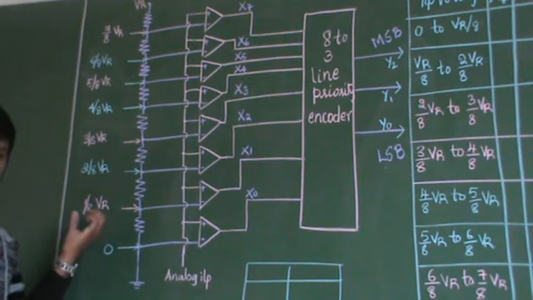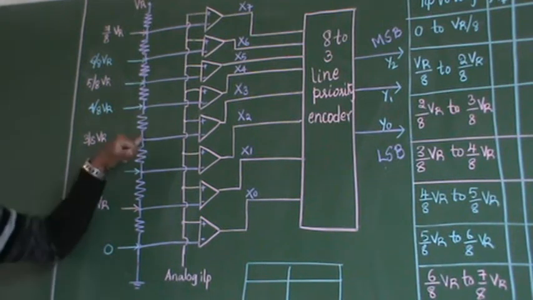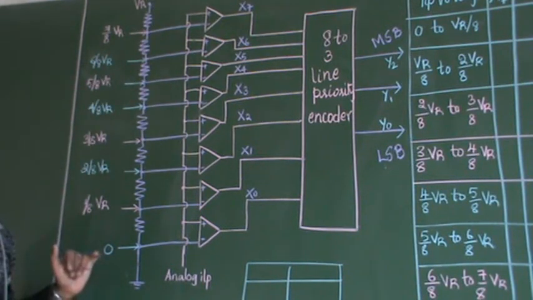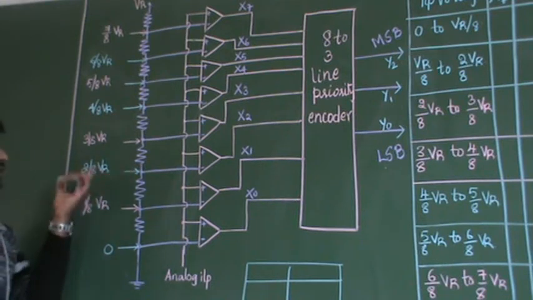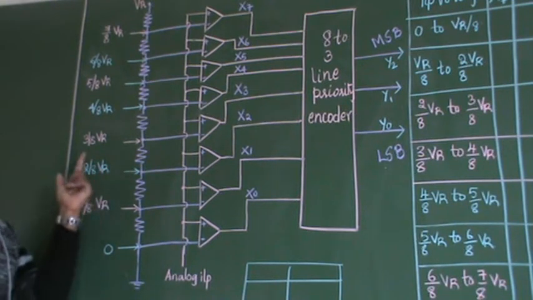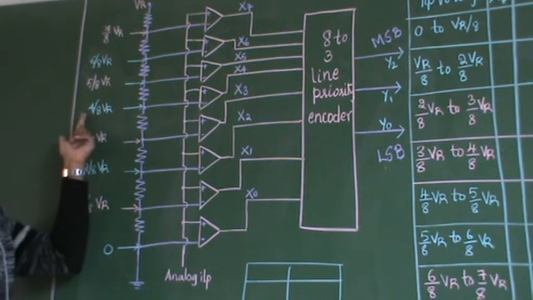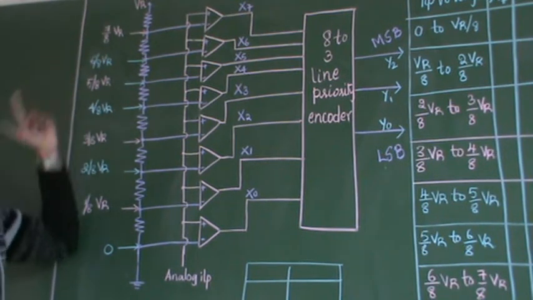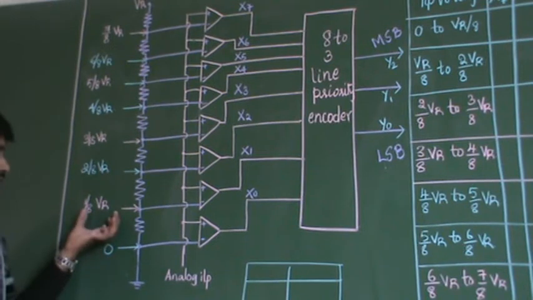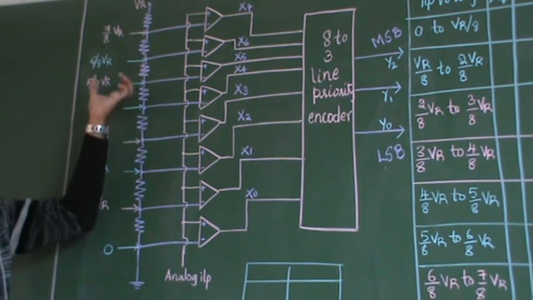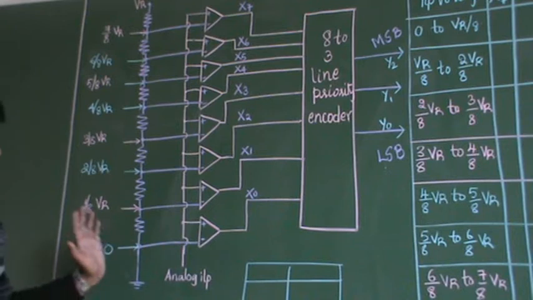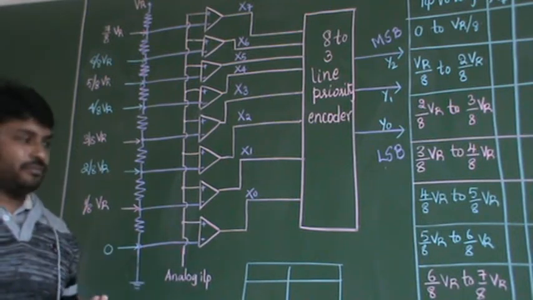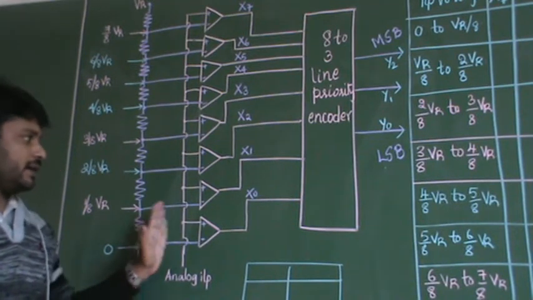The denominator remains the same for all the potentials. The next point is 2 VR by 8, then 3 VR by 8, 4 VR by 8, 5 VR by 8, 6 VR by 8 and 7 VR by 8. I hope you have understood how to write the potential at each terminal and how to draw the diagram.